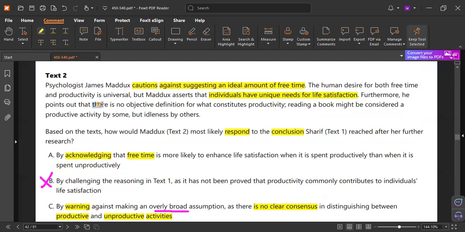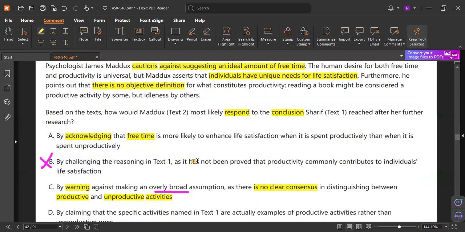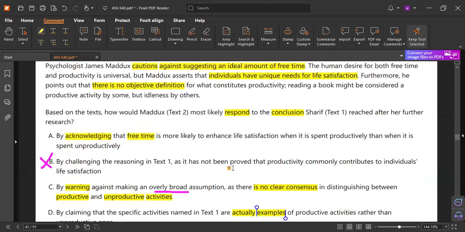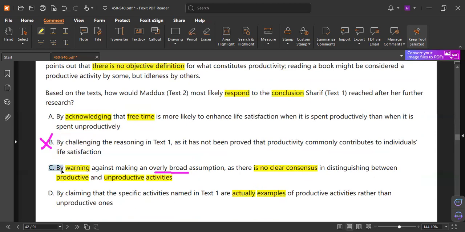There is no objective definition, no clear consensus for what constitutes productivity. That's why caution, warning, is clear. But claiming the specific activities named are actually examples, of course, no. So letter D is the opposite. So letter C is the best answer.